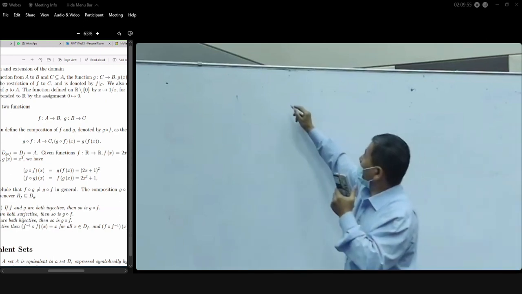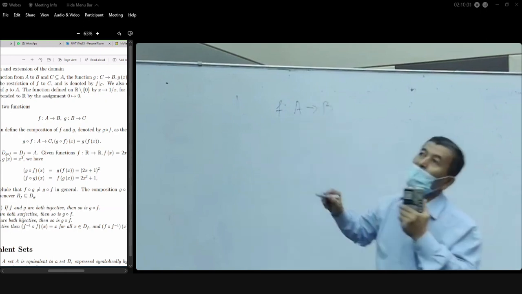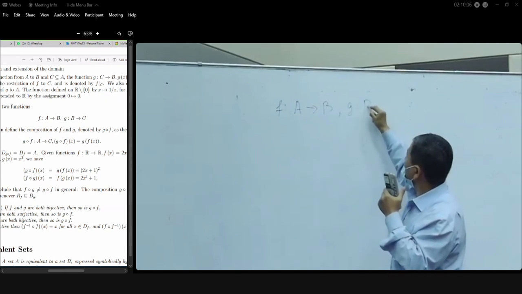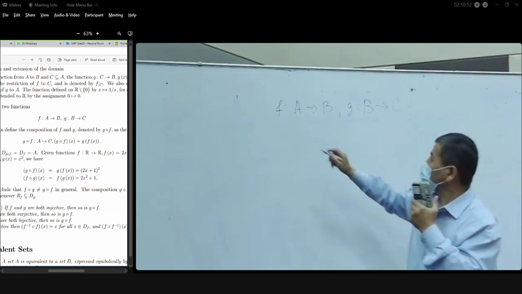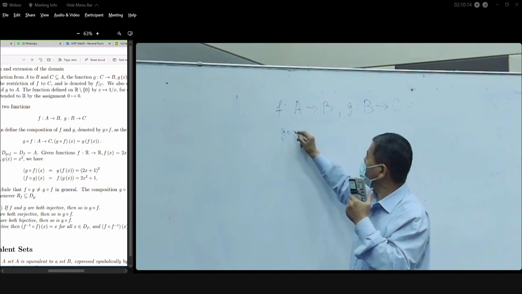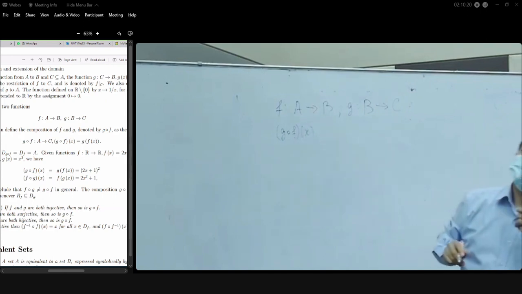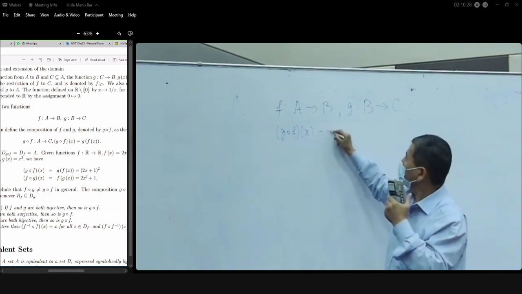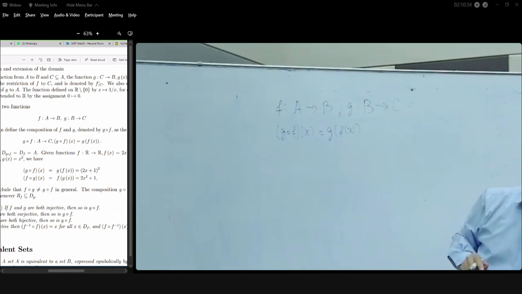The f function maps A to B, and the g function maps B to C. Then the composition of f and g, usually we put like this: g of f of x.